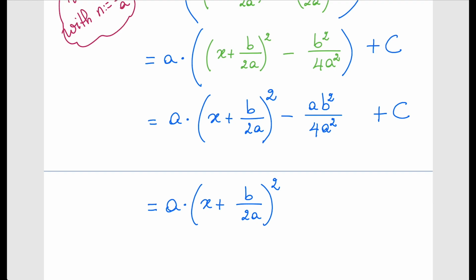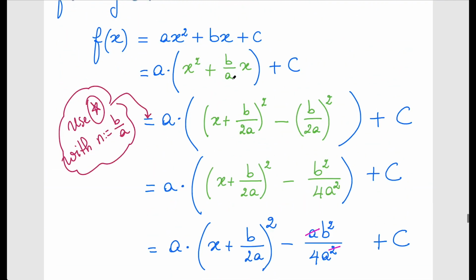I can cancel that common a, right? Correct? So maybe I should make the point, when I factored a outside, I'm writing division by a, and don't forget a is supposed not to be 0 for this to be considered a quadratic function, right? So I'm allowed to divide by a. That's my point.